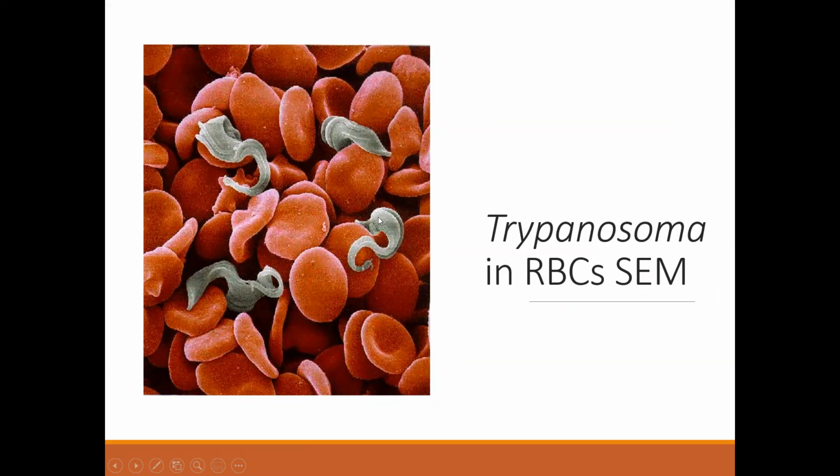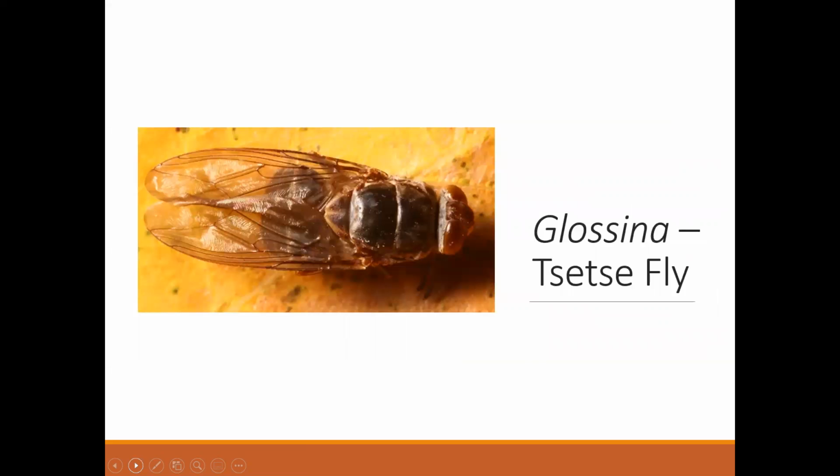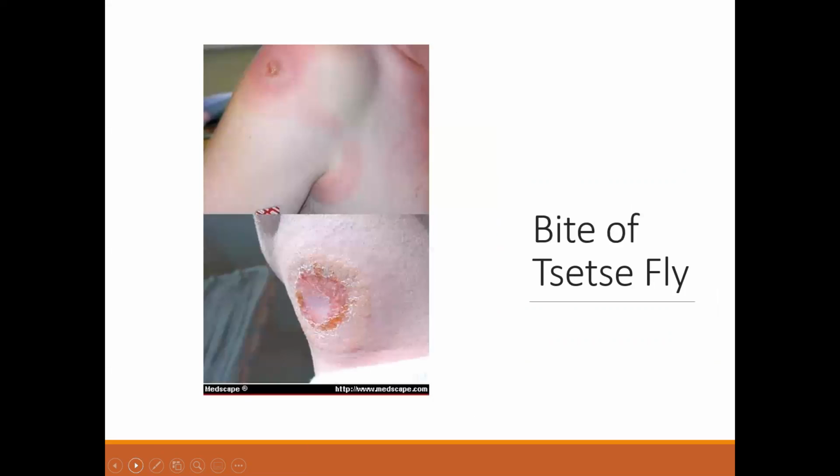So you see your red blood cells, and then these little worm-looking structures here are the trypanosomes. Here's the tsetse fly. And this is what the bite would look like, okay? And so you can see here, this red streaking, this is lymphangitis. This is inflammation of the lymphatic vessels going here to the lymph nodes under the arm here.